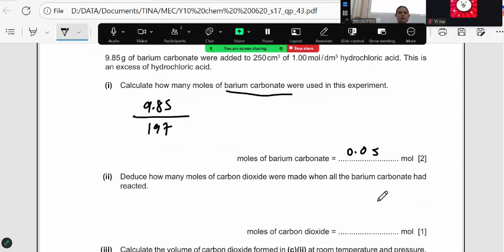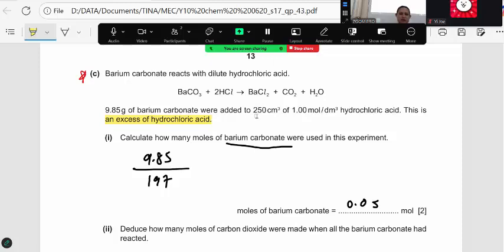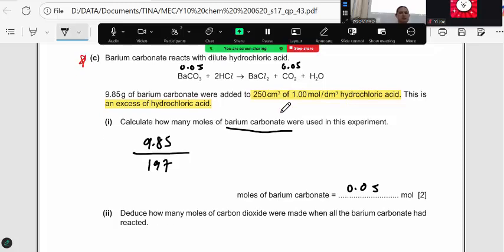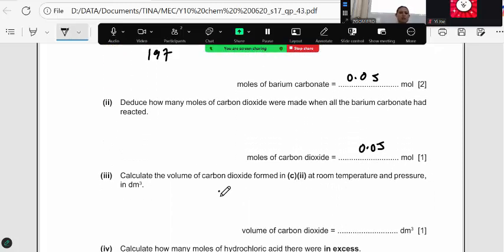How many moles of carbon dioxide were made when all the barium carbonate reacted? Please take note, excess hydrochloric acid. So if this one is 0.05, this one is also 0.05. The ratio is 1 to 1. The volume of carbon dioxide, you multiply by molar volume.